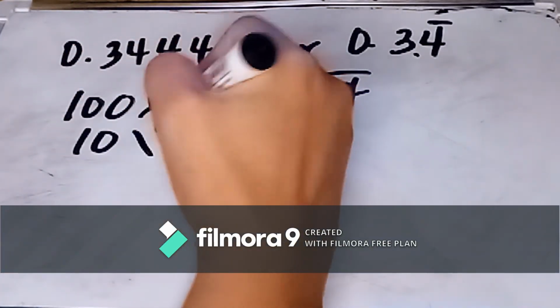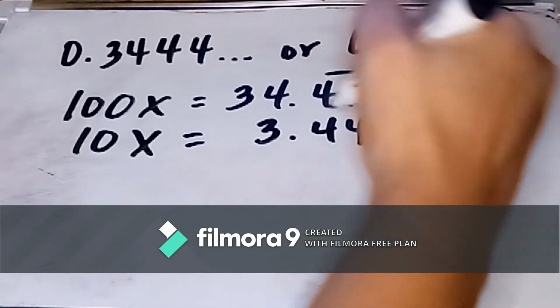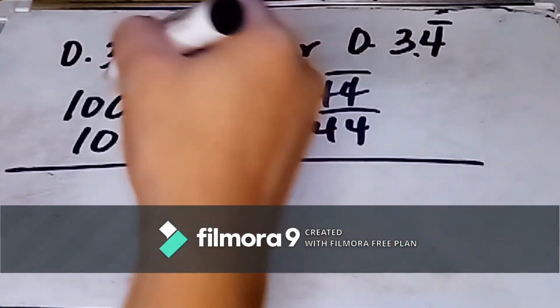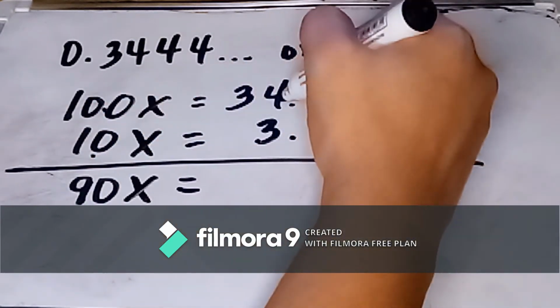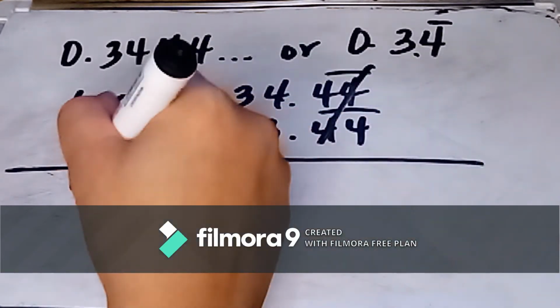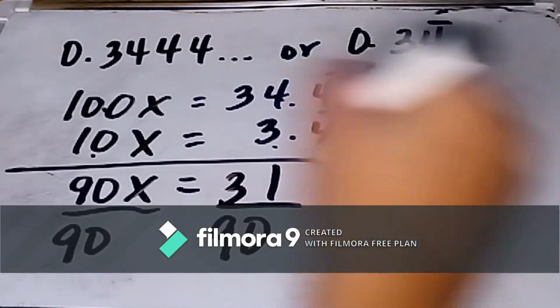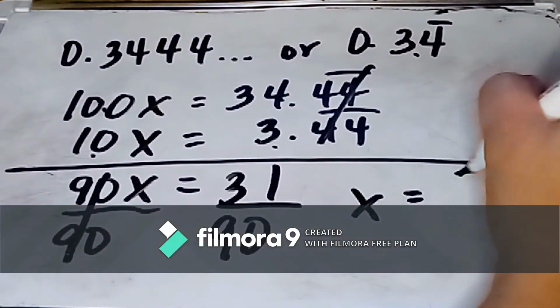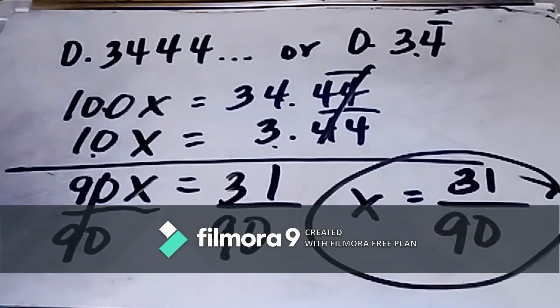So, 10x equals 3.4. Kung saan ang matitira ay mga repeating decimal sa bandang kanan. 100x minus 10x is 90x. Cancel ang mga umuulit na decimal. 34 minus 3 is 31. Divide both sides by 90.